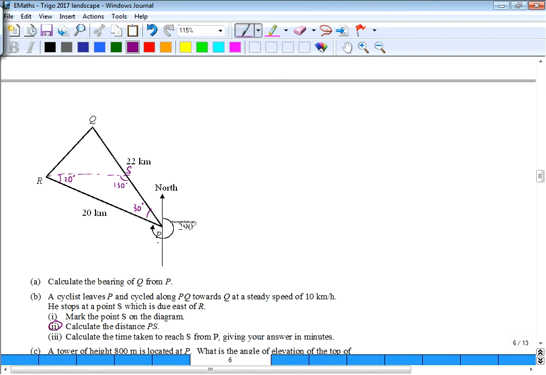Anjali, did you get these three angles? You have, right? So if you have three angles and one side, you can use your sine rule. What is the equation that we have to form? PS. Okay, so PS over sine 20 degrees is equals to RP over sine 130 degrees, where RP is equals to 20.